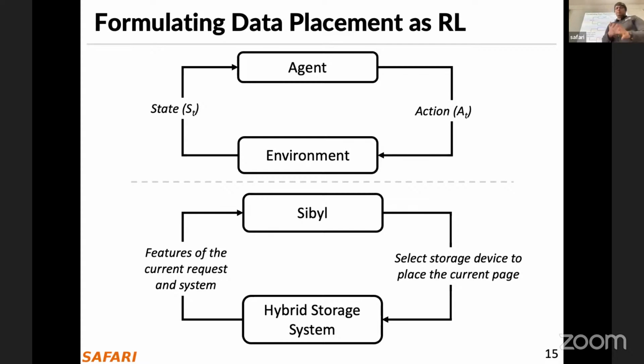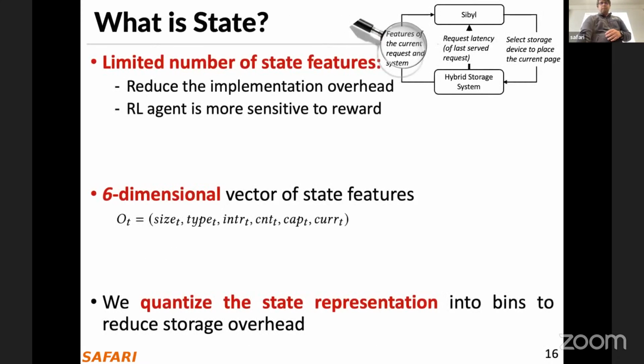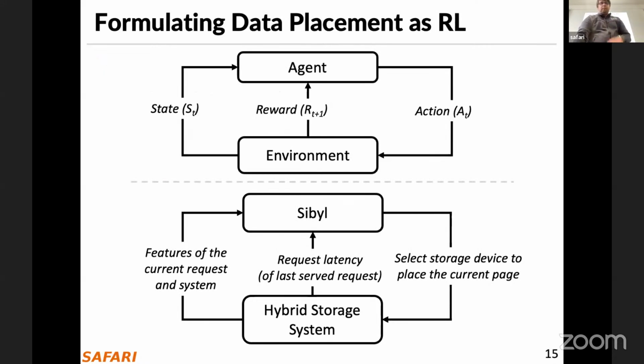By current page, we mean the incoming IO request's page. And the reward is a function of the request latency of the last served request. This is how we formulate the data placement policy as an RL problem.